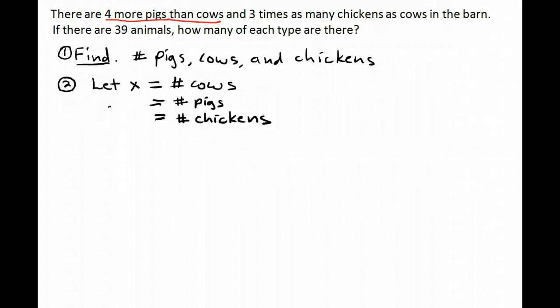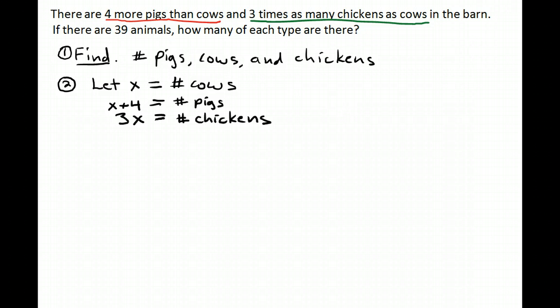So I take the number of cows and I have to add 4 because I've got 4 more pigs. Then if I look at this one, I've got 3 times as many chickens as cows, which would mean like if I have 10 cows, I must have 30 chickens. How did I get that? I took 3 times the number of cows. So 3 times x means I've got 3 times as many chickens as cows.